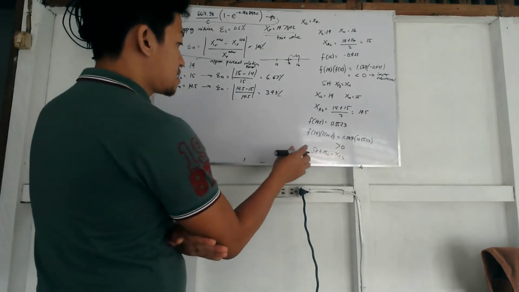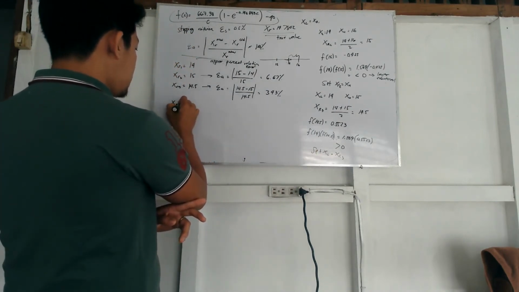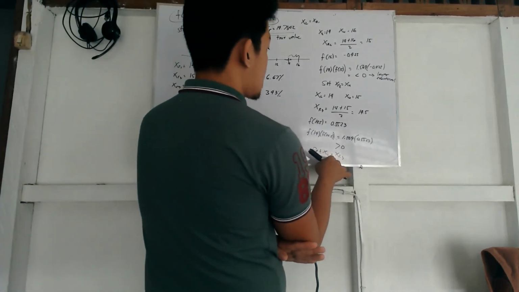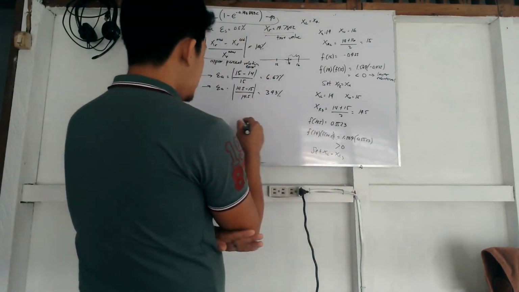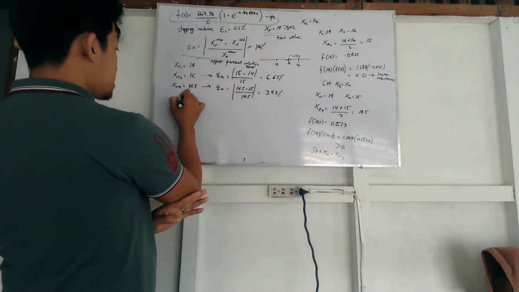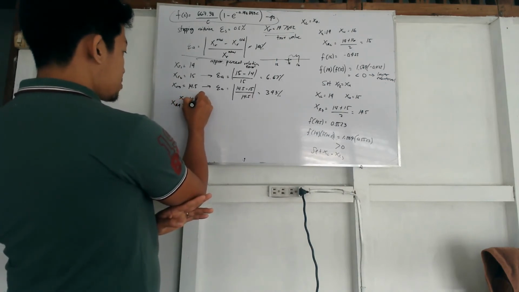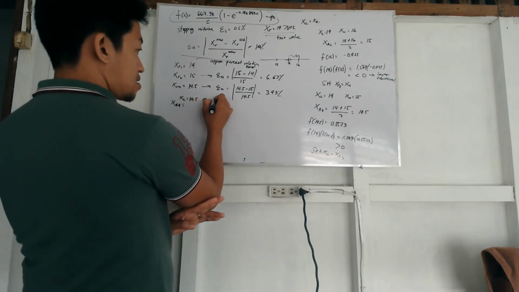Okay. So you have now XR4. Your new interval is XL is 14.5 and XU is 15.